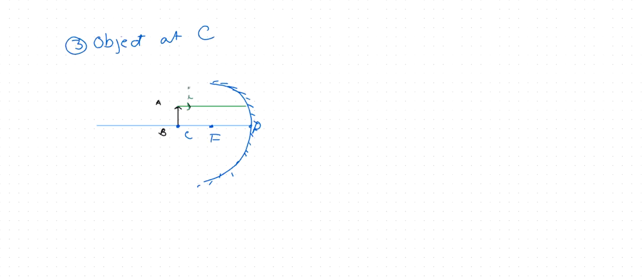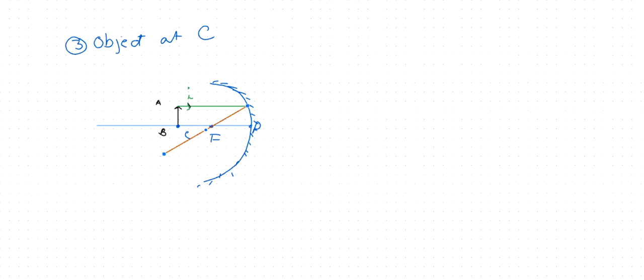We have seen before in the previous 2 cases, the incident ray parallel to the principal axis gets reflected through the focus. So now let's make the reflected ray. My reflected ray is amber in color. This is my reflected ray.